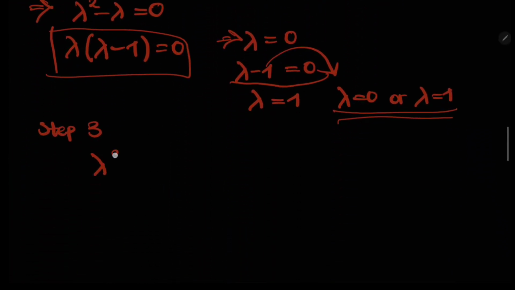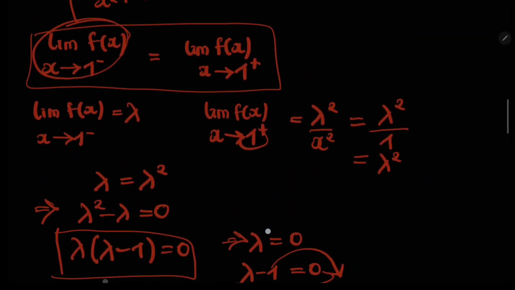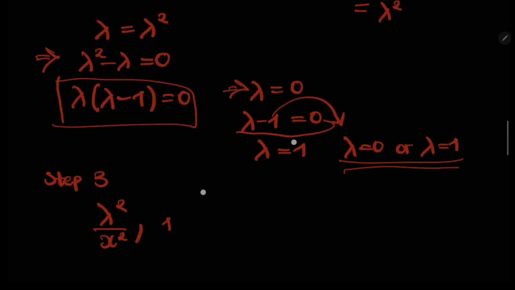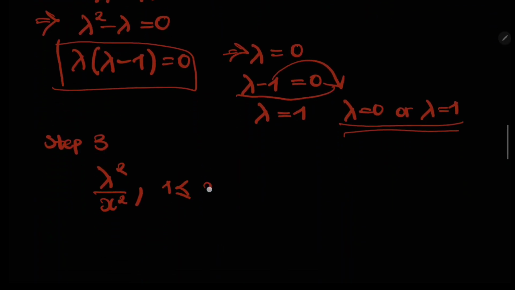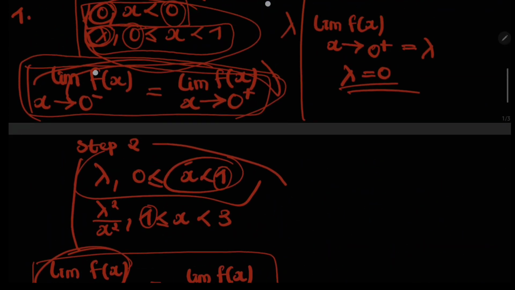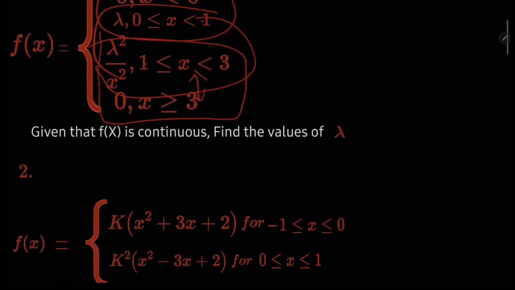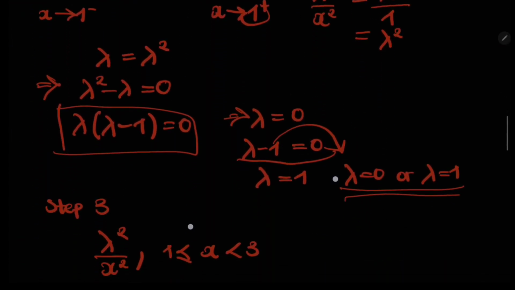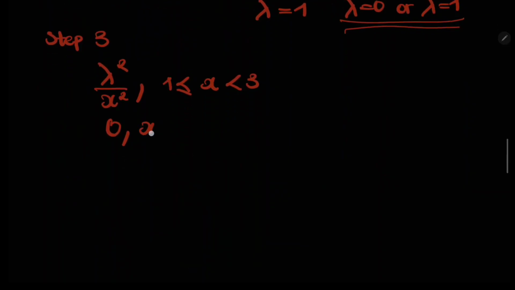We are going to be working with lambda squared on x squared for 1 and we are also going to be working with 0. Sorry, let me take a quick peek. x greater than or equal to 3. So this is what we are working with.